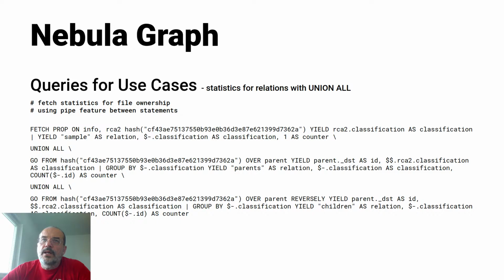And in this way, with the union all, you are going just one way, and it is more efficient and prevents the traversals through the graph from exploding in too many relations.